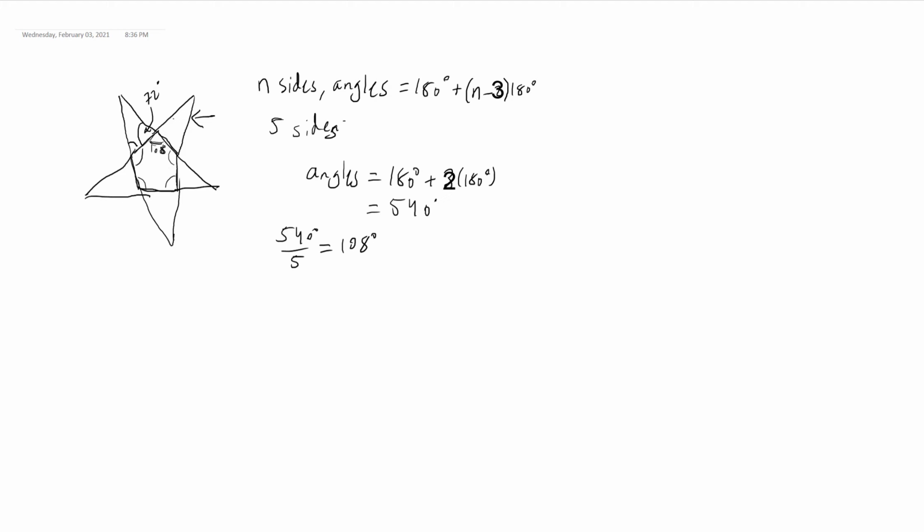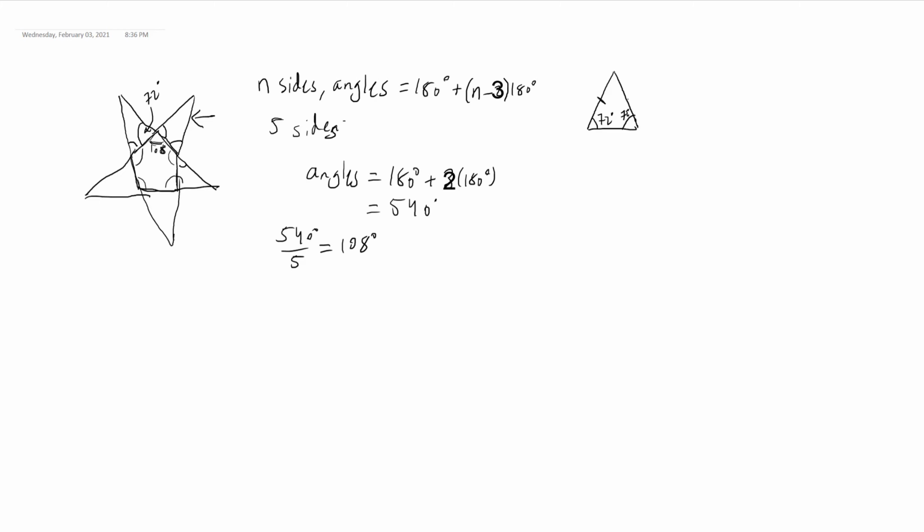And so does this one, and this one, and this one, and this one, and that one. You get the point. All those triangles have a base angle of 72 degrees. So all of our triangles look like this.